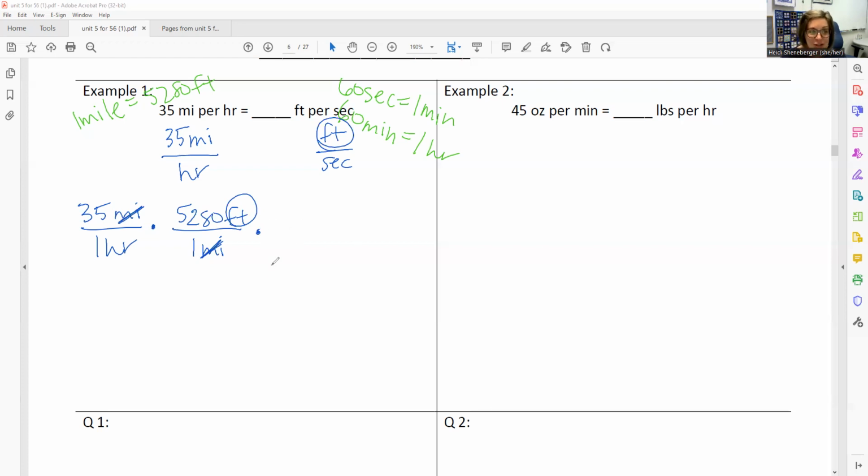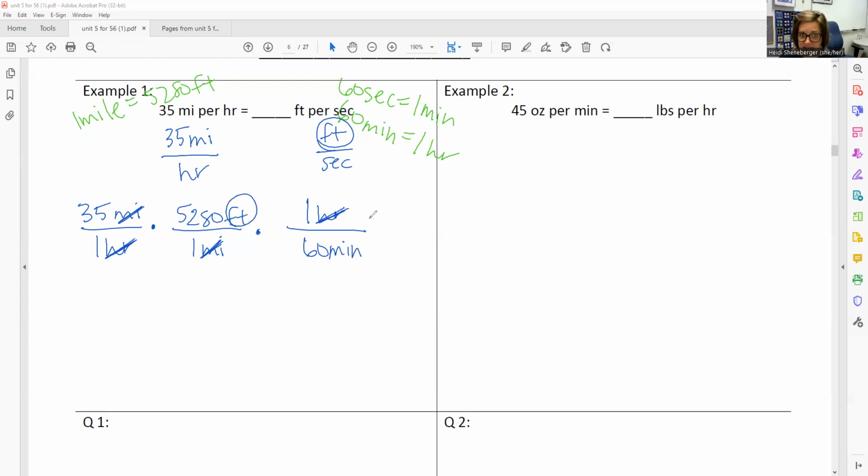Let's go on to the second part, which is the time. This is the second part of my dual units. I have hours and I want to get to seconds, okay? So again, I want 1 hour up here so that I can cross cancel it. 1 hour equals 60 minutes. Is that what I want on the bottom though?